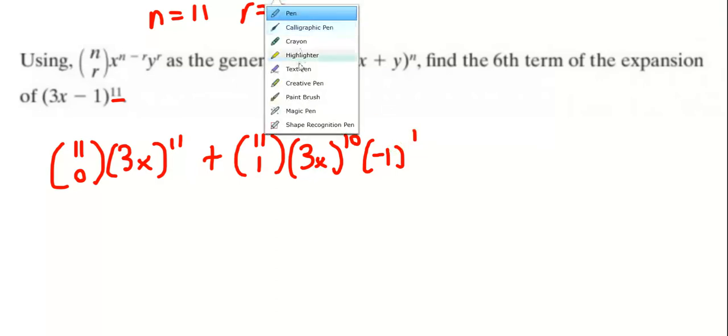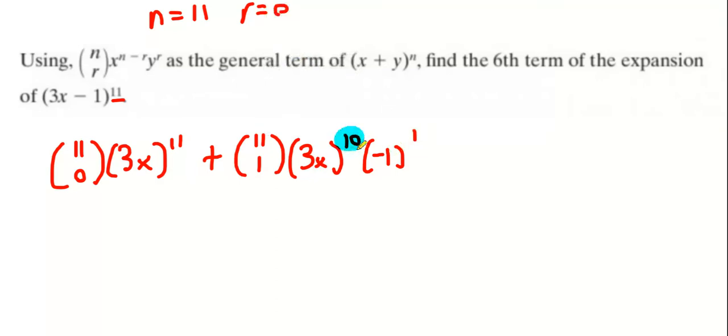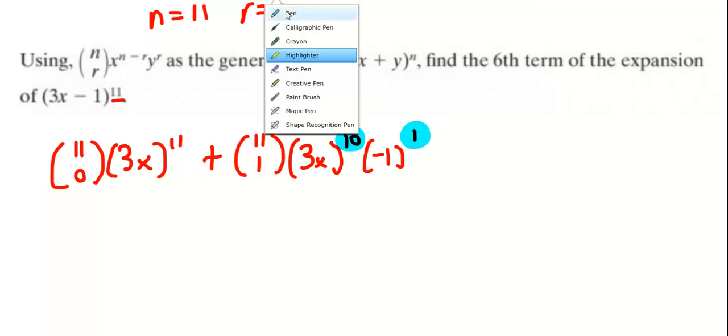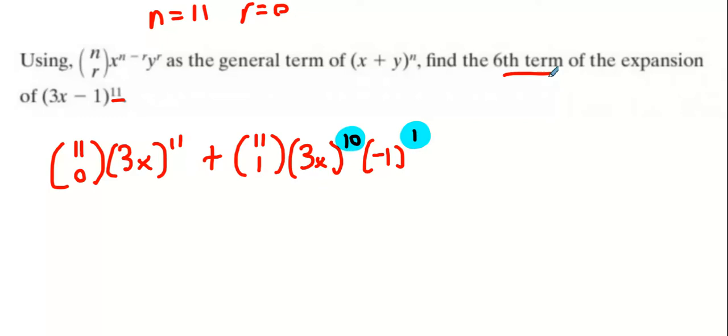Now what always happens is these have to add up to give you 11, right? So you only want the 6th term, you don't want the whole thing, right? So 11c0 is the first term, 11c1 is the second term, 11c2 is the third term, 11c3 is the fourth term, 11c4 is the 5th term, 11c5 must be the sixth term.